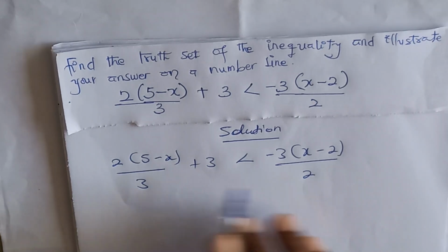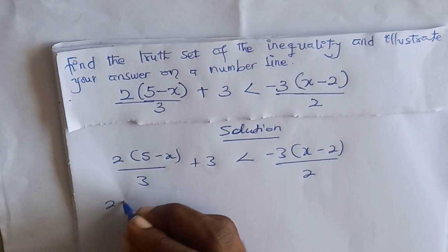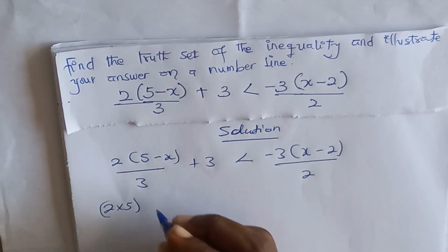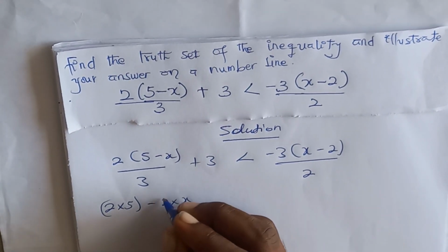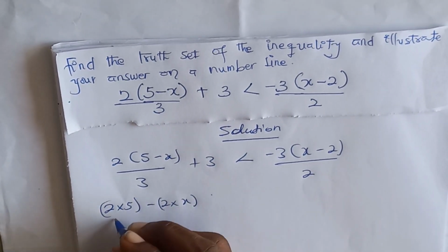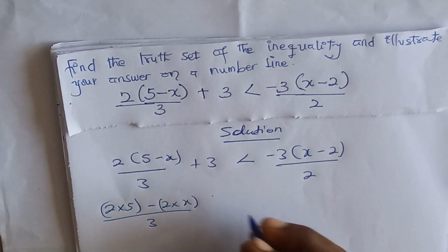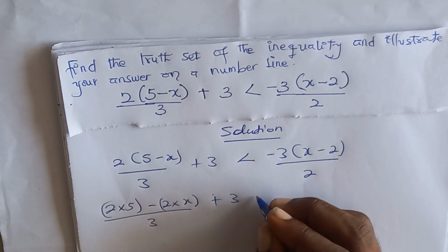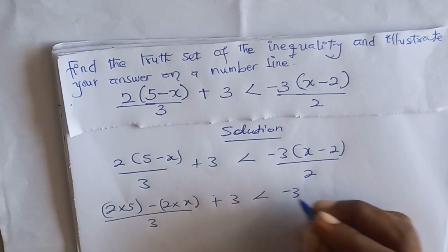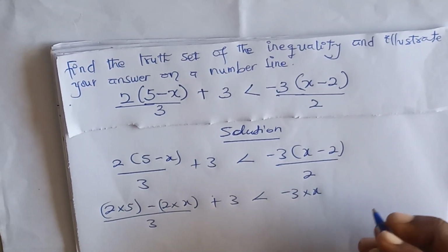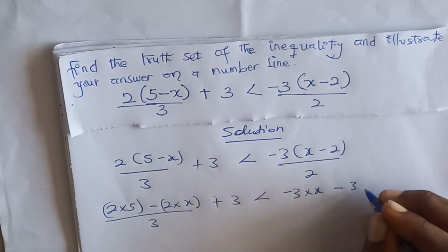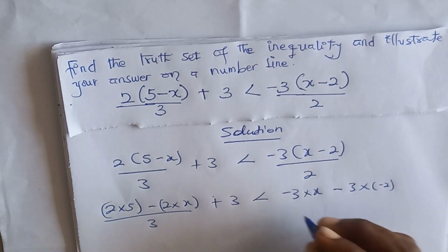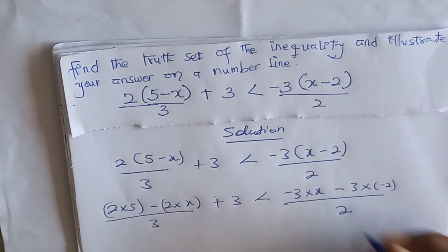So expanding the bracket, I'm going to get 2 times 5 minus 2 times x on 3, plus 3, less than negative 3 times x minus 3 times negative 2 all on 2.